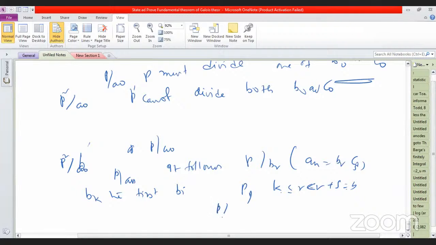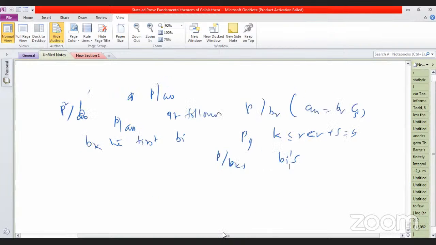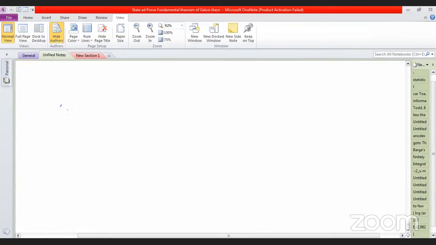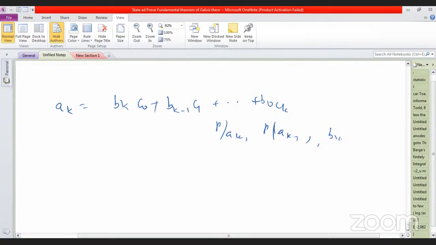You can write here p divides b_{k-1} and the earlier b's. So for ak, we can write here bk c0, b_{k-1} c1, and so on up to b0 ck. Therefore p divides a_k, and so on, b_{k-2} and so on up to b0.